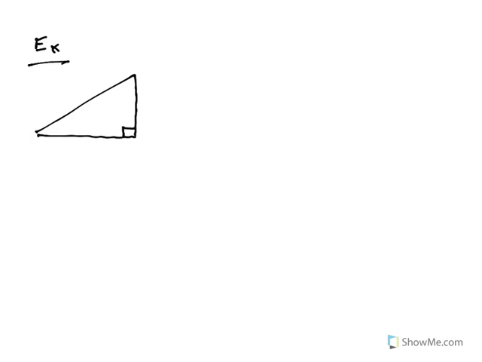Let this side be 3, this side be 4. Given this information, what do I want to find? I want to find this thing. I'll call it R, just arbitrarily. Let me do it in a different color so it's easily seen what we want. R. I want to find theta, and I want to find phi.